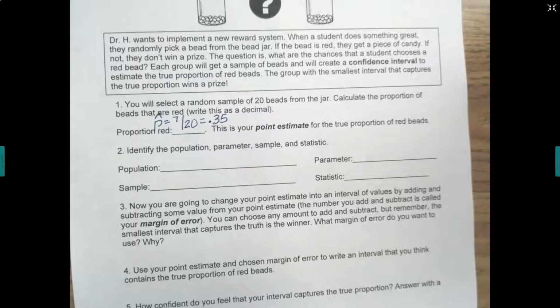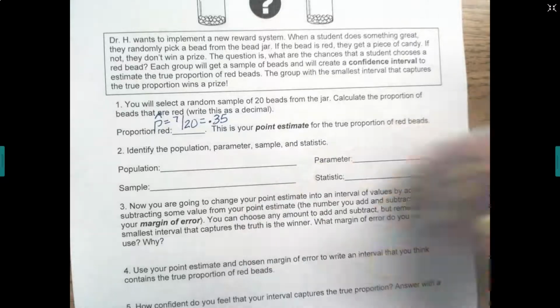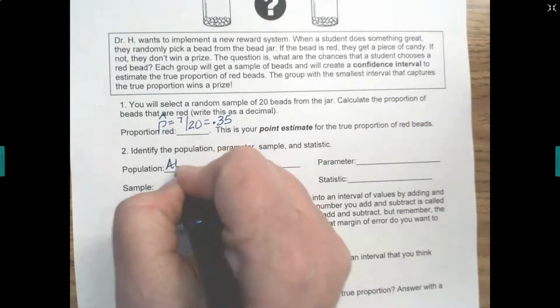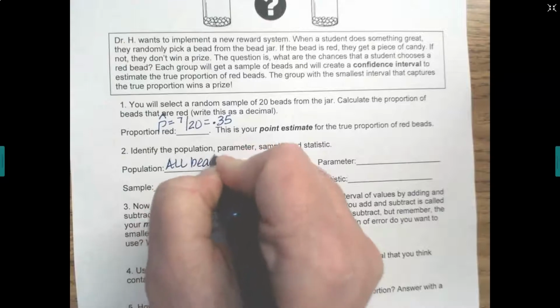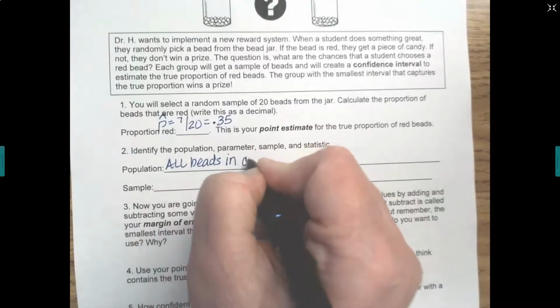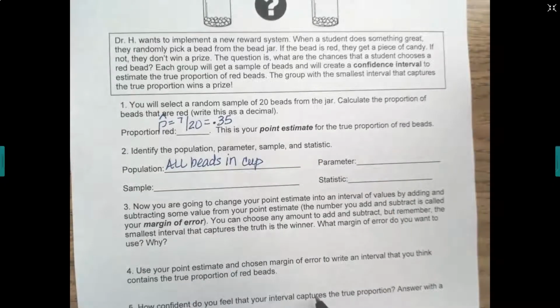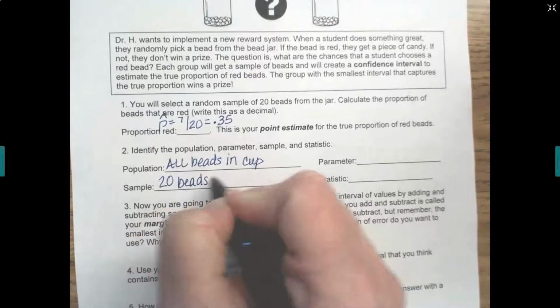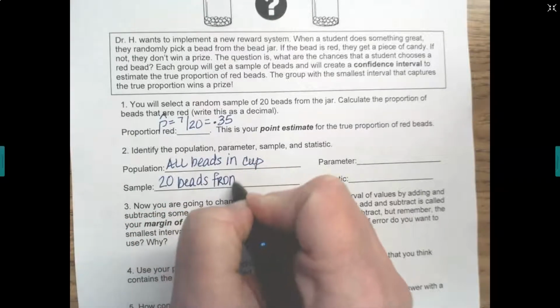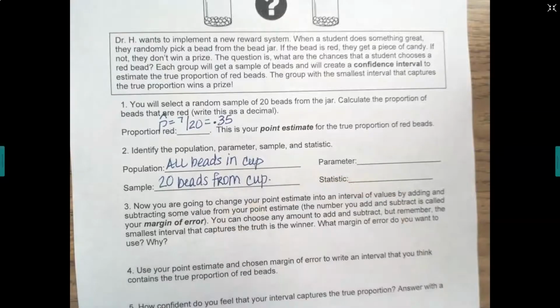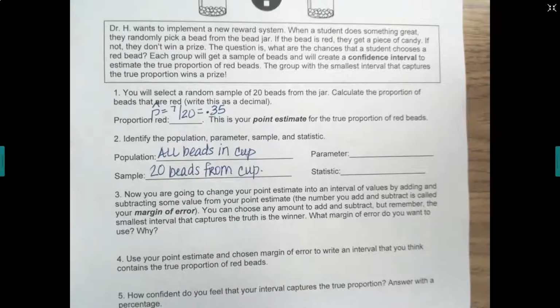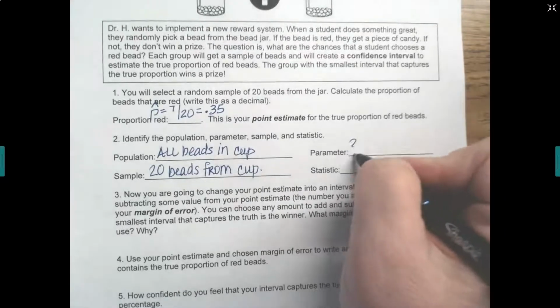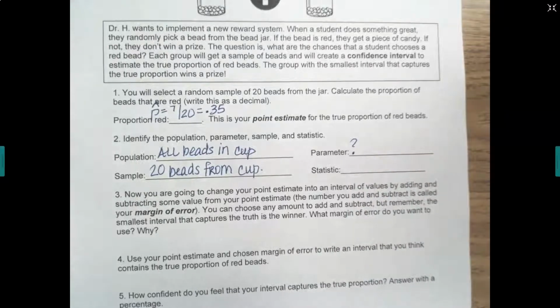So let's go back and identify our population. So our population is going to be all the beads in the cup. The sample is 20 beads from the cup. The parameter, the number that describes the population. I don't know. Well, that's what we're trying to do. We don't actually know what that one is.